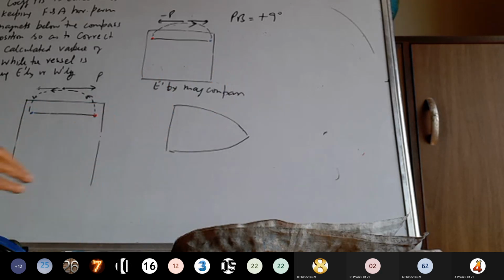So I will tell the AB that now you look at the magnetic compass and steer using the magnetic compass, so that you are maintaining east by magnetic compass. So when the vessel is steady on easterly course as per the magnetic compass, then I will note down the corresponding gyro heading.